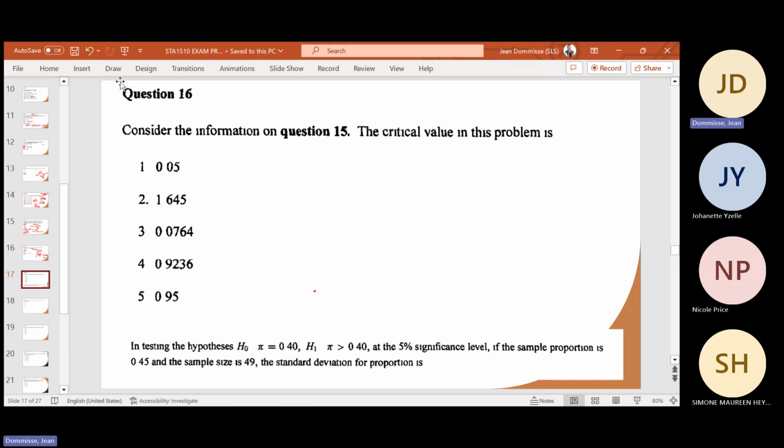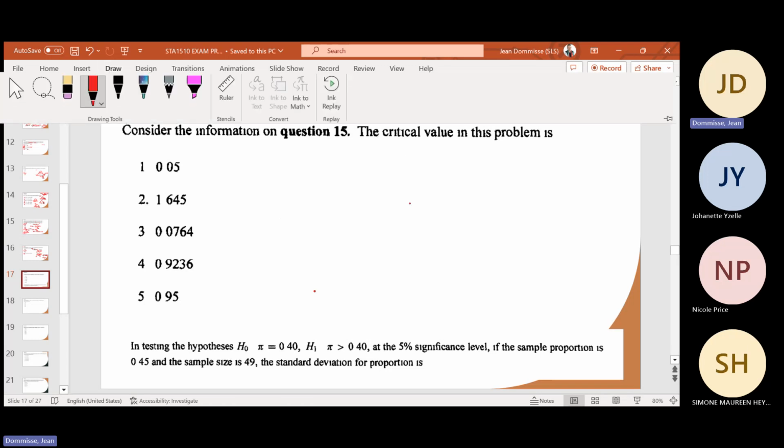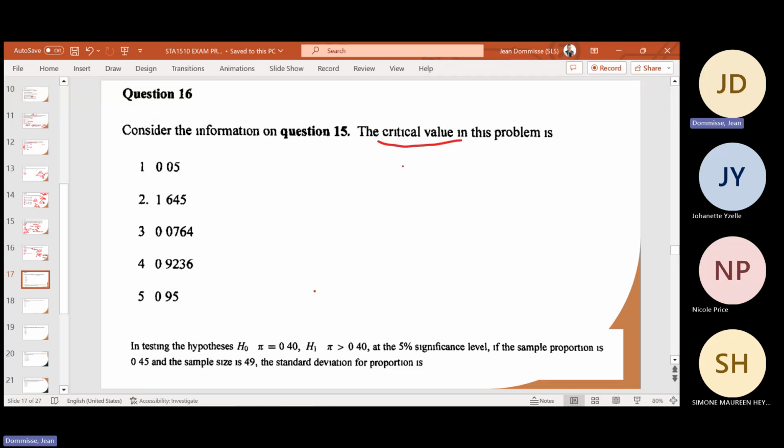Okay, so here they ask us to use the previous information and we need to calculate the critical value. Maybe in the chat you guys can say, how do we calculate the critical value?